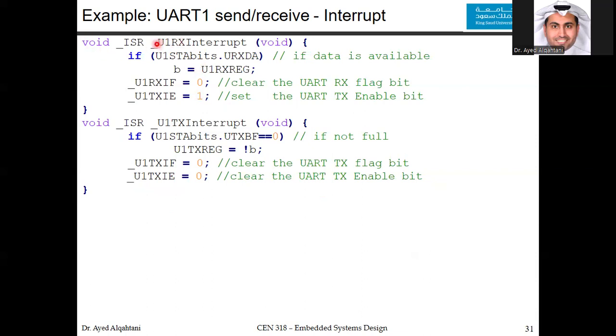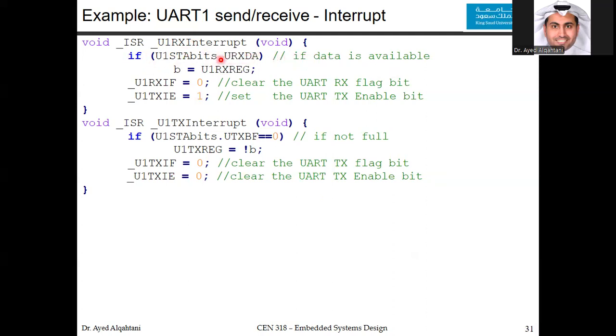So here in the receive interrupt, to go into this ISR, the event that will happen is setting the receive flag. If the flag is set, it means that there is something you are receiving in the receive register. So you just check if the data is available.